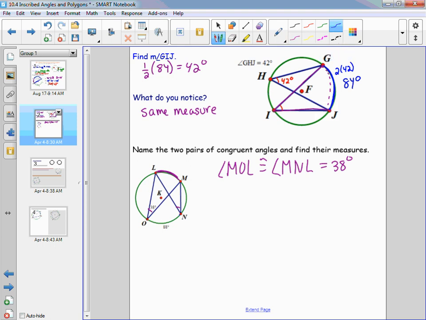We also have this arc shared between this angle and that angle. So we will say that angle NMO is congruent to angle NLO, and that they are equal to half of 88 or 44 degrees.